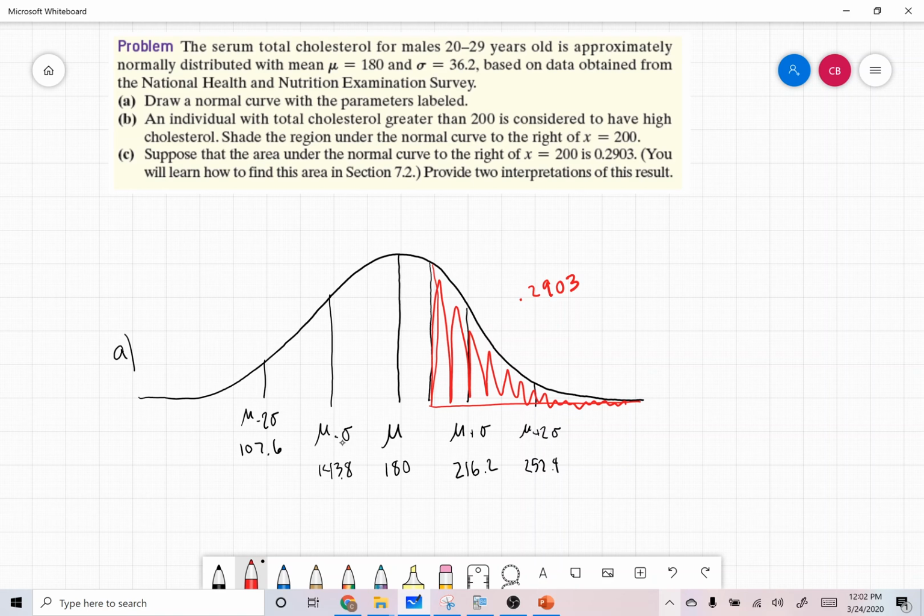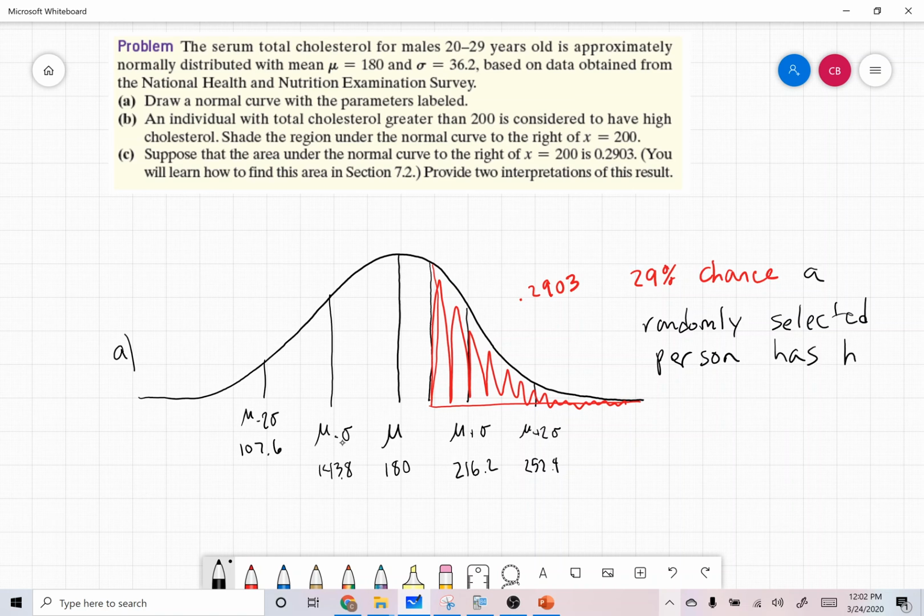Then provide two interpretations. So there's a 29% chance that a randomly selected person has high cholesterol.